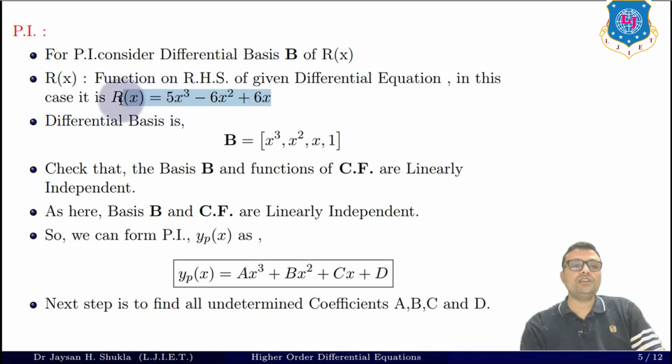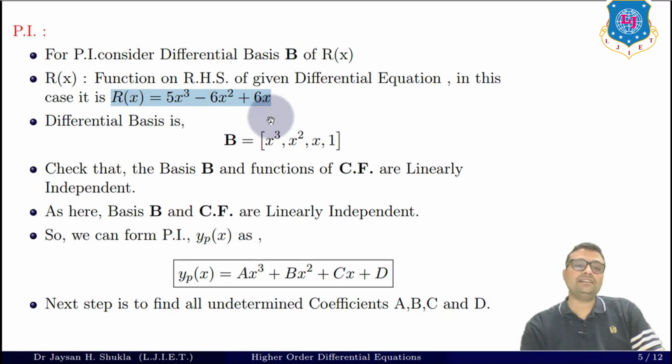Now, what do we mean by the differential basis of this function? It simply means how many variable components are required to generate this function and all its possible derivatives. If I look carefully, the function has three variable components: x cubed, x squared and x.